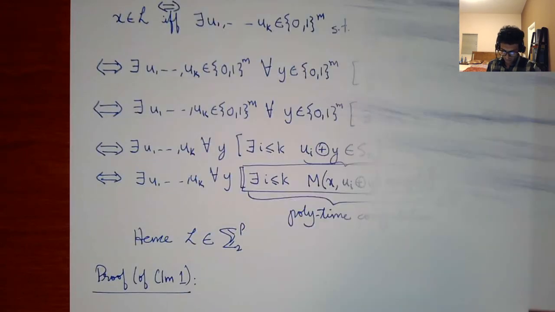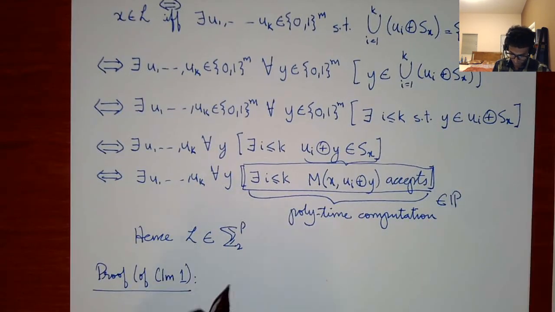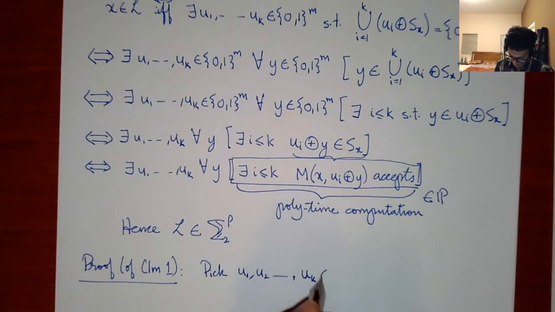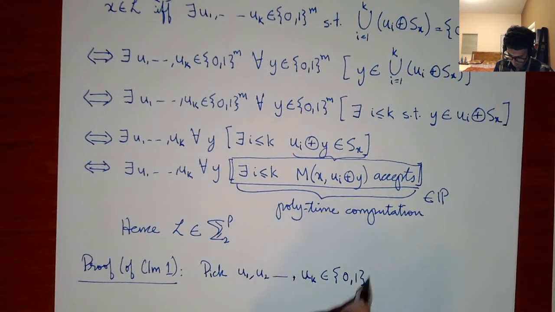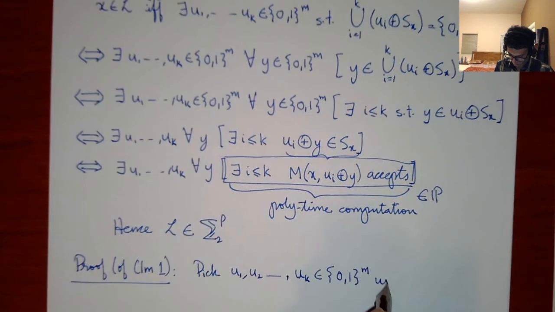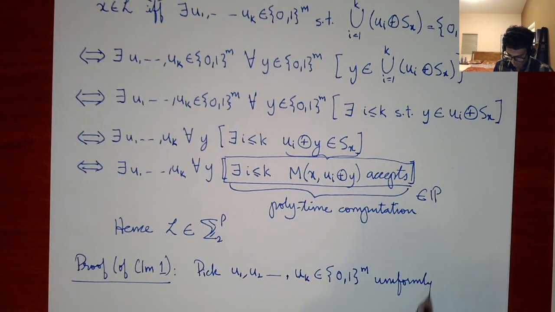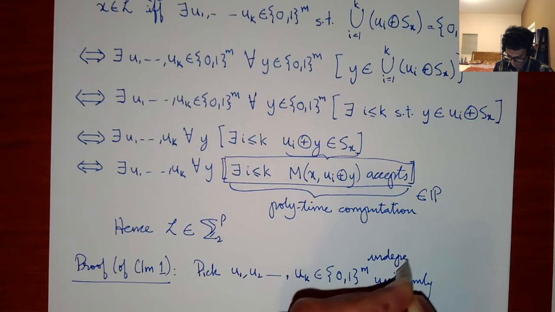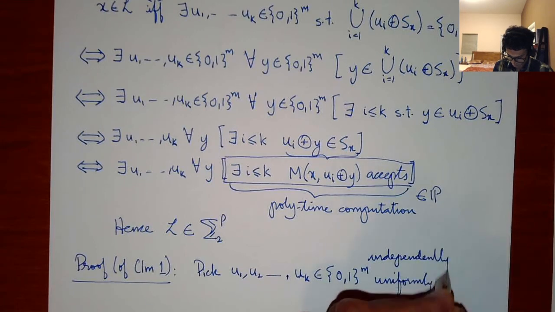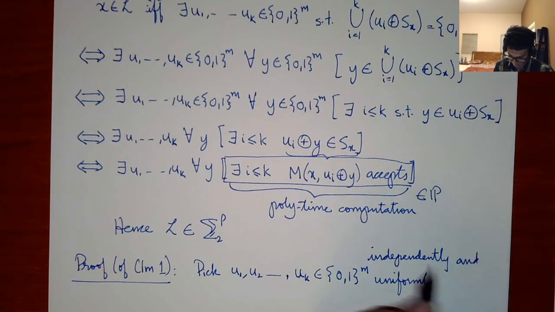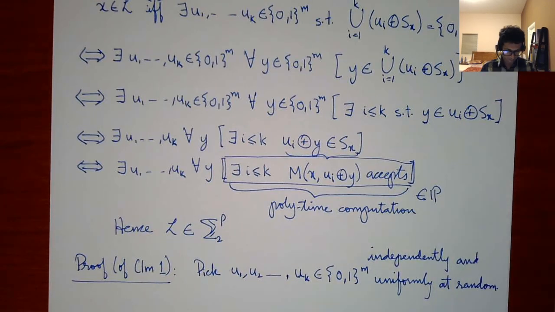So the way this will work is we pick u1, u2 to uk in {0,1}^m, independently and uniformly at random.